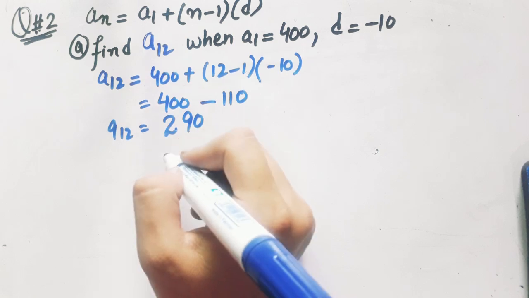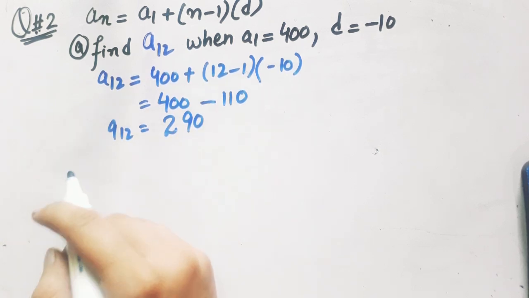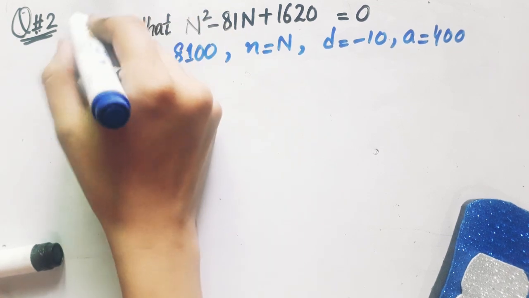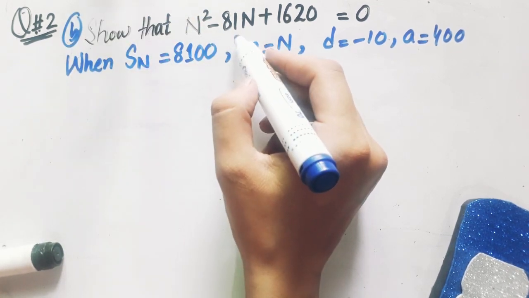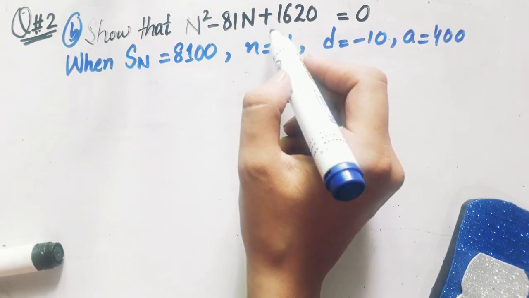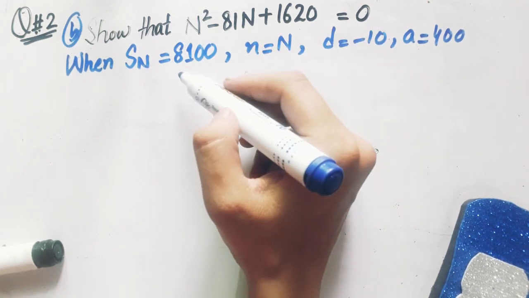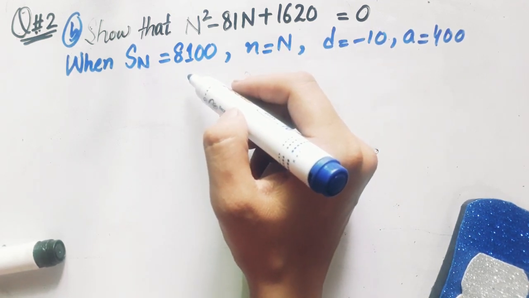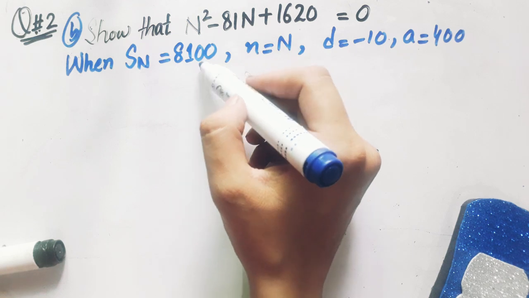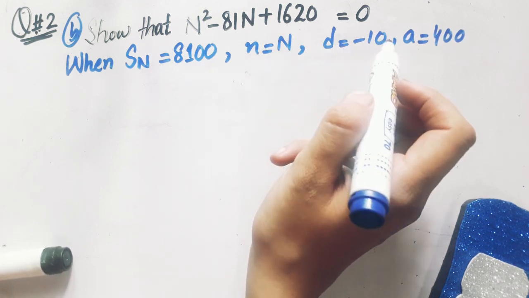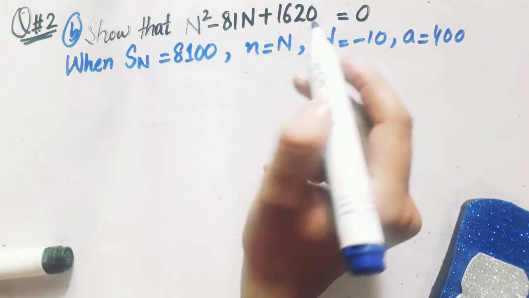Now you have to find in the B part. Now in the B part, you have to show that n square minus 81n plus 1620 is equal to 0, where Sn is equal to 8100 and small n is equal to capital N, and difference is minus 10 and a value is 400.